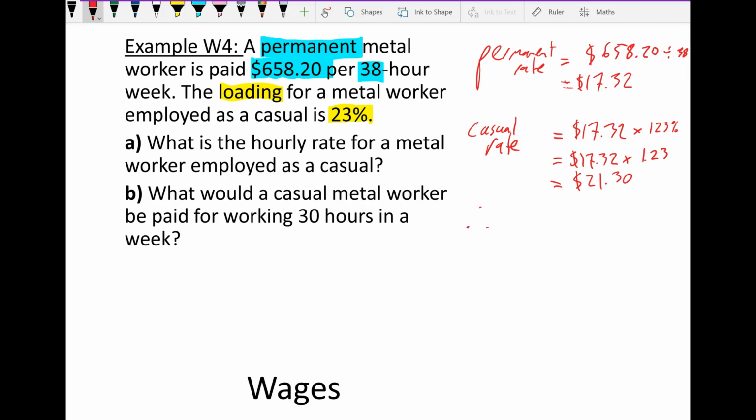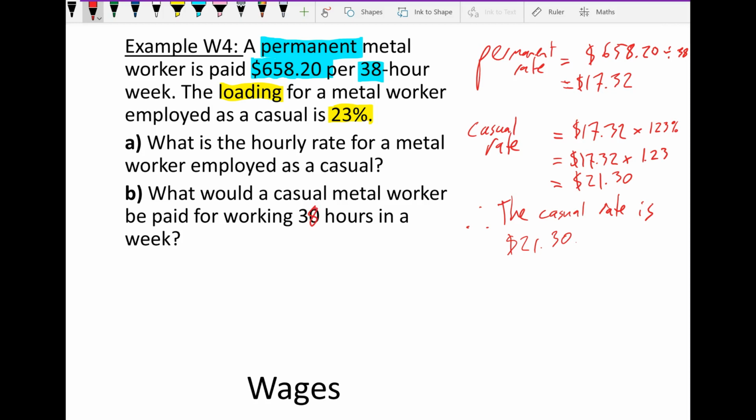Okay, so therefore the casual rate is $21.30. Okay, and then the next question is, what would a casual metal worker be paid for working 38? Oh, let's make that 38, so it's the same, 38 hours in a week.